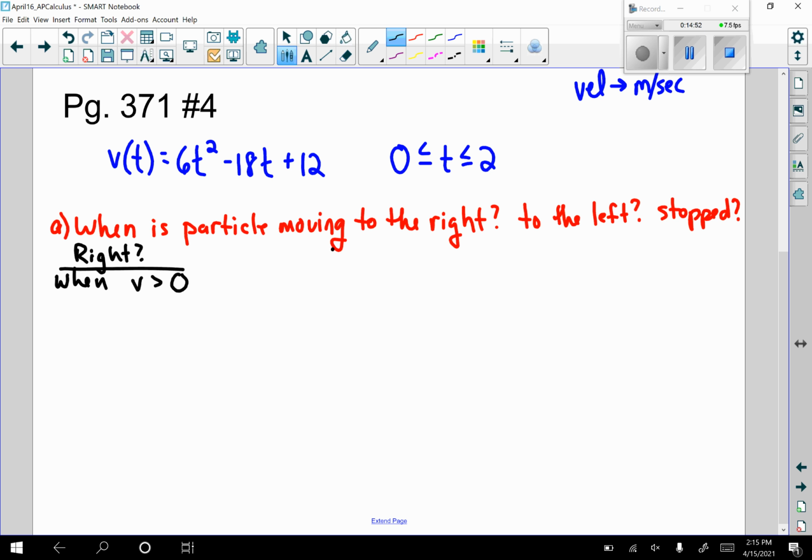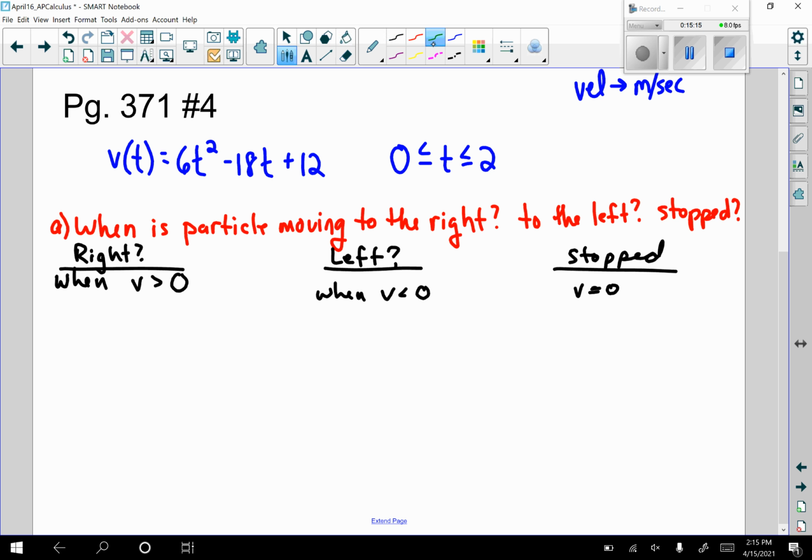We know a particle is moving to the left when our velocity is negative, and stopped when velocity is equal to 0. Even if it's for a split second, it's still stopped if it happens to be changing directions.